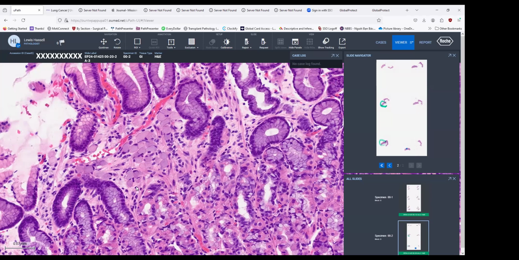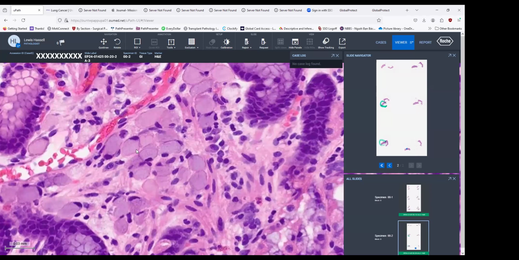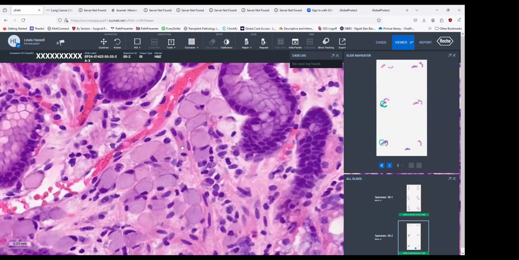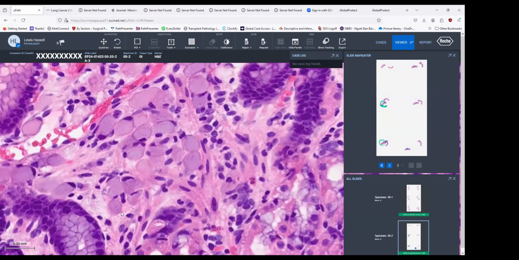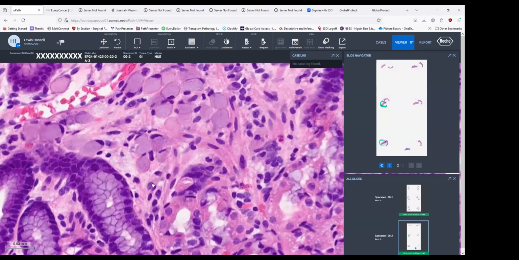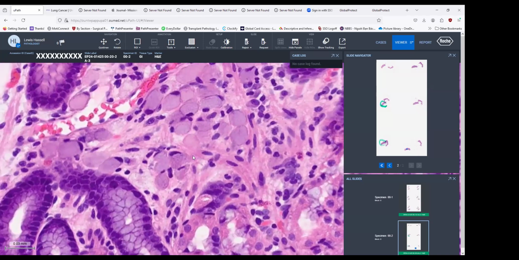And in that repeat sampling, there were no cells anything like this. So I went back to this case and looked at it, to make sure that what they had seen was, in fact, potentially neoplastic signet ring cells. I think these are potentially neoplastic.